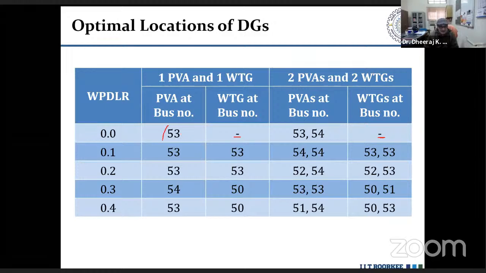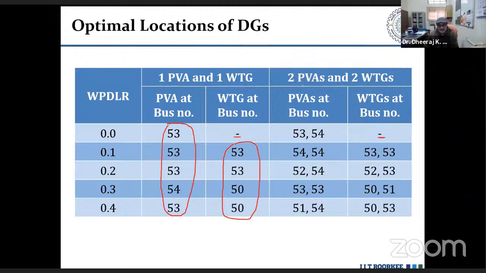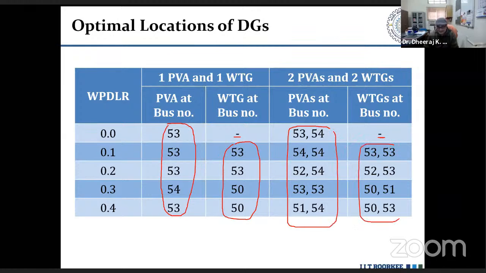These are the optimal buses for placement of the photovoltaic array, and these are the buses for placement of wind turbine generators. When we are considering two PVAs and two WTGs, these are the optimal buses for the photovoltaic arrays, and these are for the wind turbine generators.